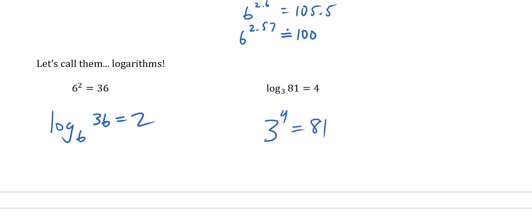So here's my trick. And I think if all else fails, this will always work. I just say to myself 100,000 times, the base stays the same. The base of a log and the base of an exponent or of a power are the same.